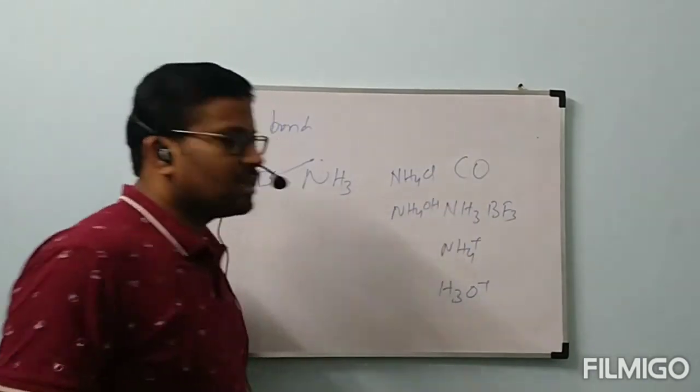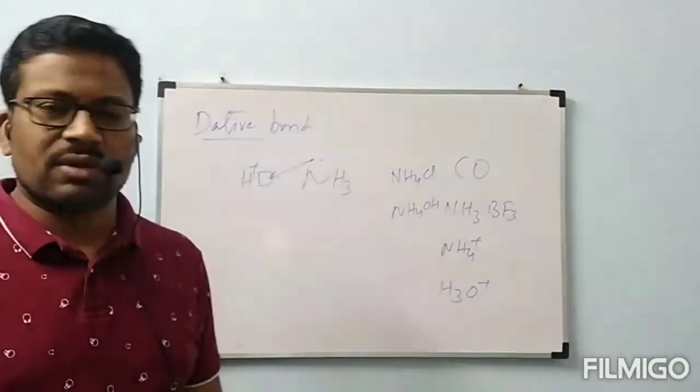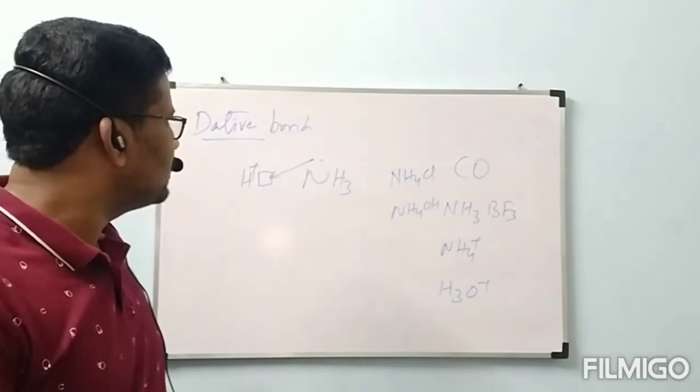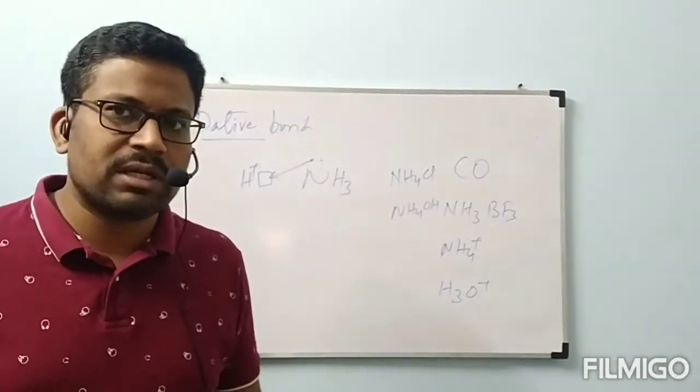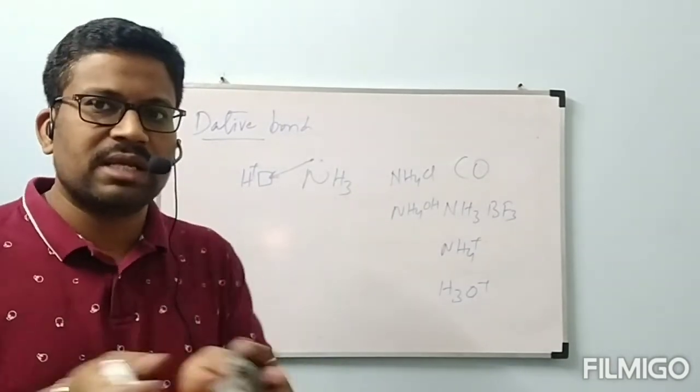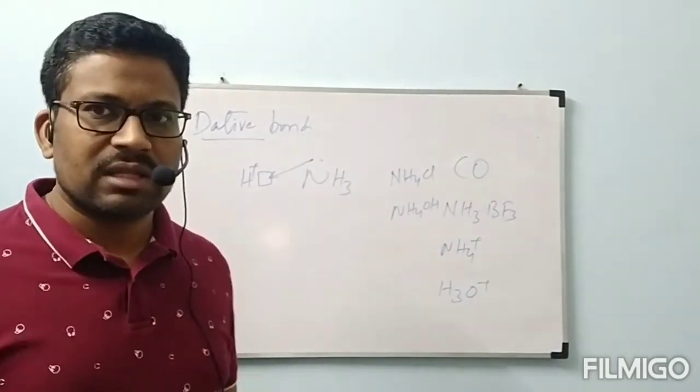These molecules contain coordinate covalent bonds, so according to the question, we can respond. This is simple only. The properties of these coordinate covalent compounds are in between the properties of ionic compounds as well as covalent compounds.